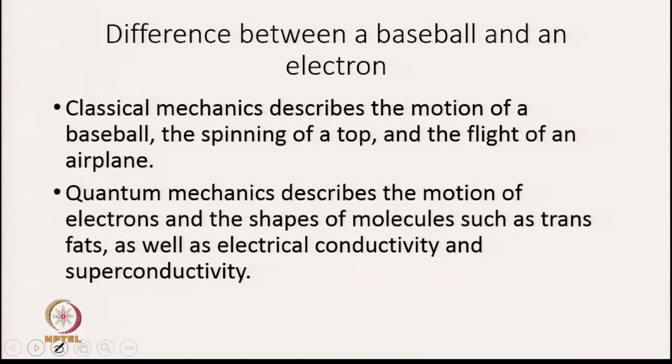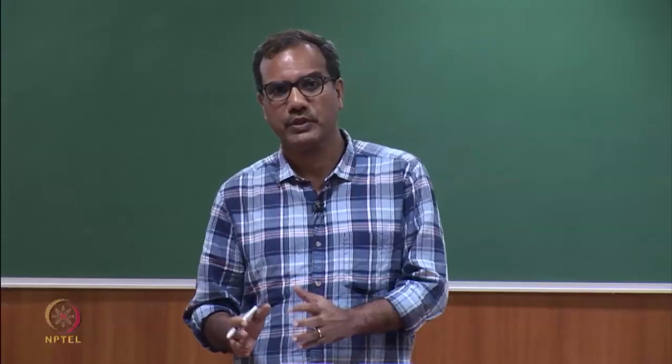I told you that a baseball cannot behave as a wave, and in that case it is classical mechanics which is going to describe the motion of a baseball. But for particles like electrons, which behave as a wave, classical mechanics cannot describe their motion.